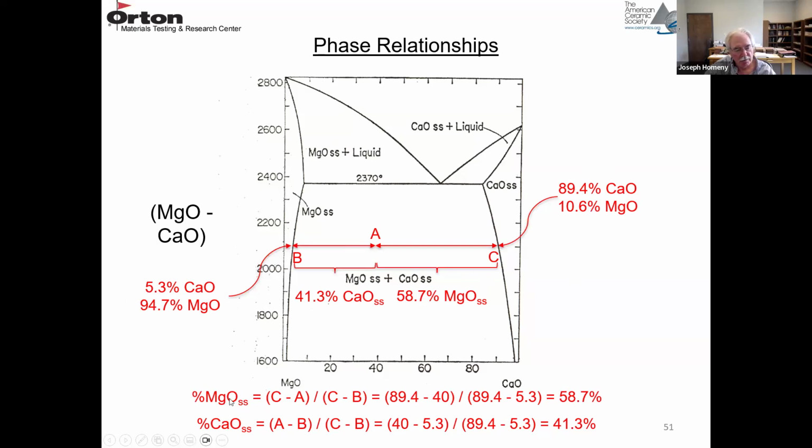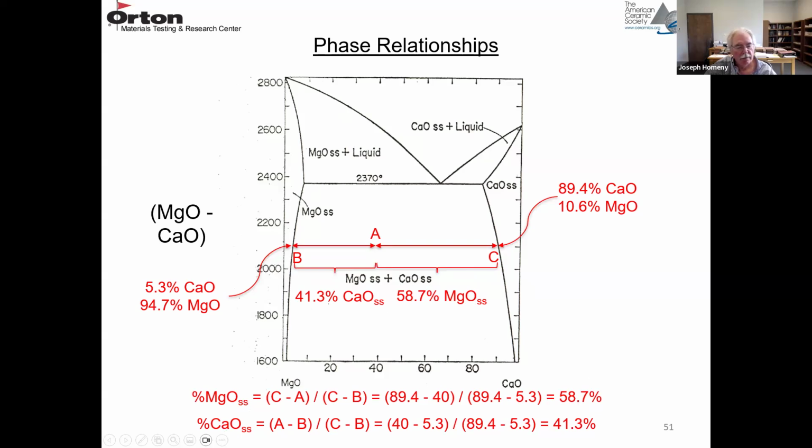So if we wanted to get the percent of either MgO solid solution or CaO solid solution, we just use the lever rule. So this lever CA divided by the total CB is going to be the percent MgO. So C minus A divided by C minus B is about 89 minus 40 divided by 89 minus 5.3. That's 58% MgO solid solution.